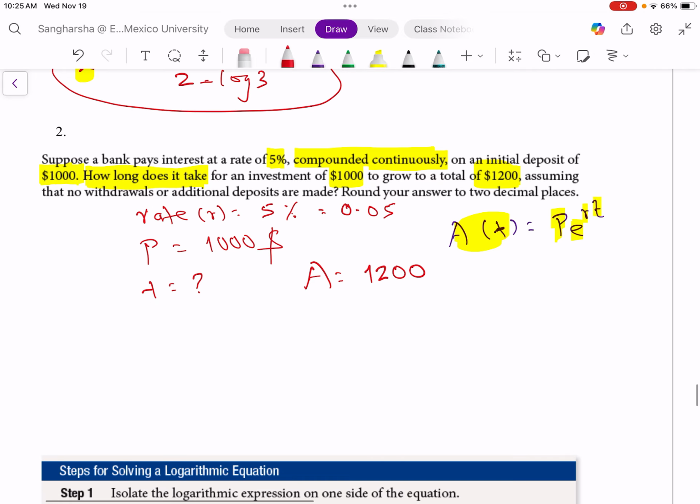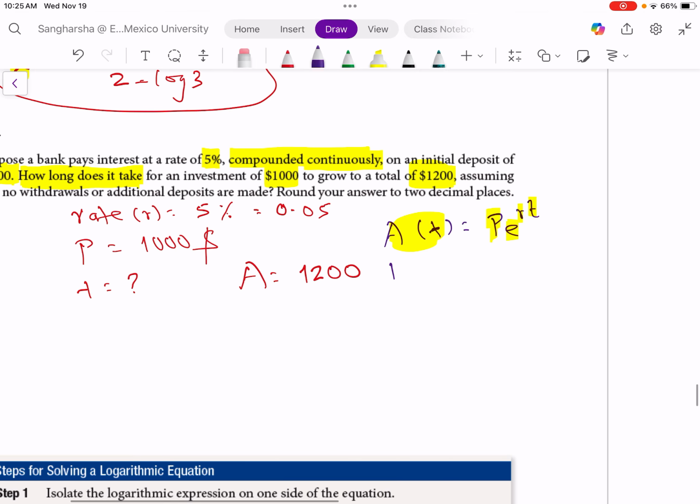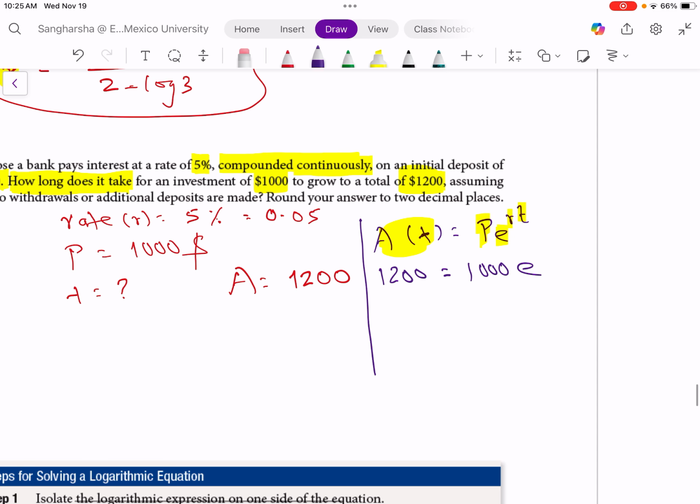Now we replace all these values in our formula. So the amount, $1,200, equals principal, $1,000, times E, which is just a number, to the power R, which is 0.05, times the time T. That's an equation, and it is an exponential equation.